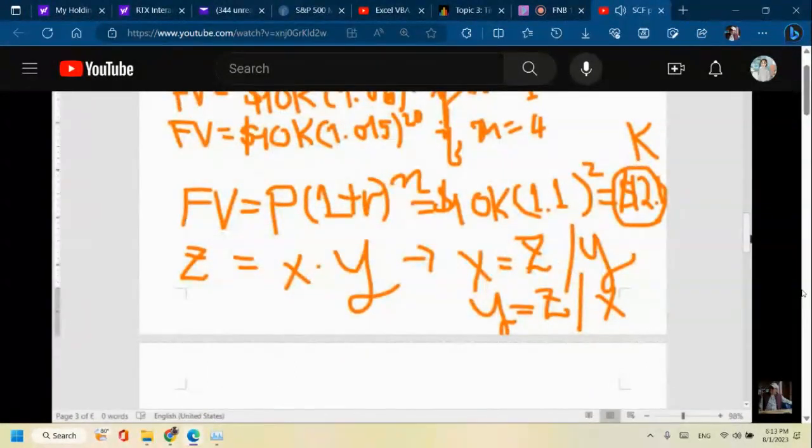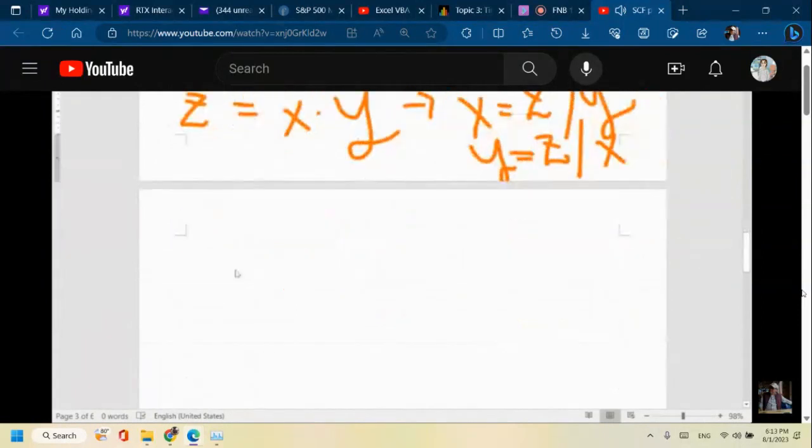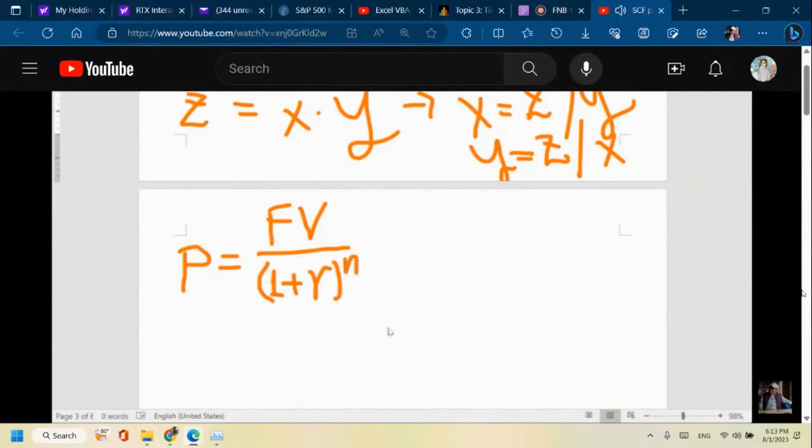So all equations are basically a question of whether you are capable of identifying this structure. Once you identify the structure, then it's easy to solve, no matter how complicated. This one is very easy, very simple. This is z, this is x, this is y. So all you need to do, since you're solving for P, is simply future value over 1 plus r raised to n.